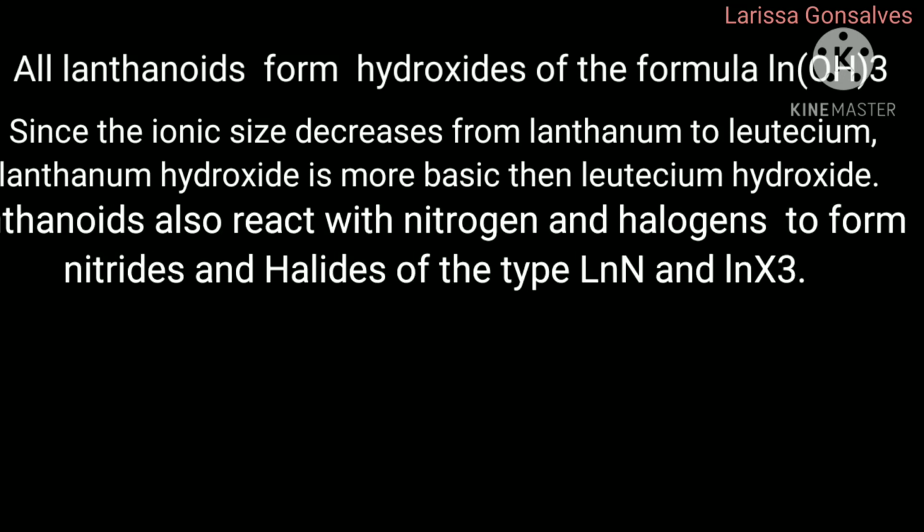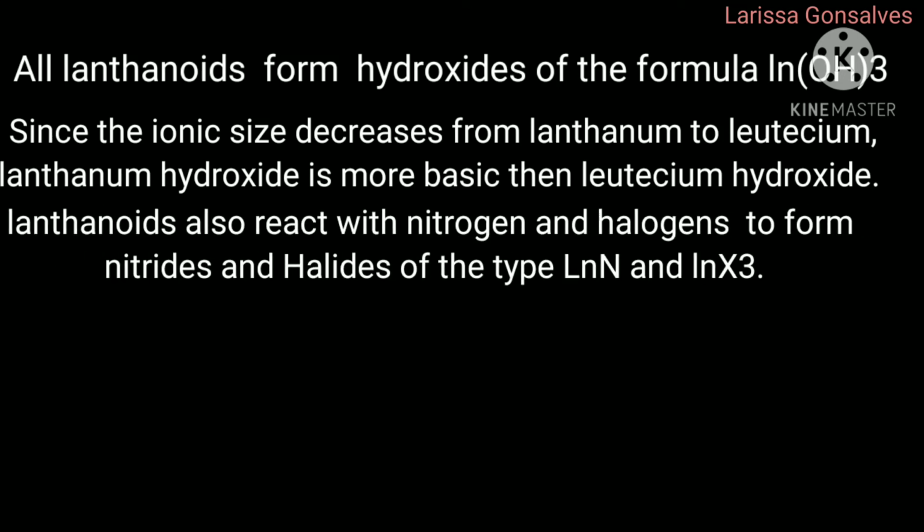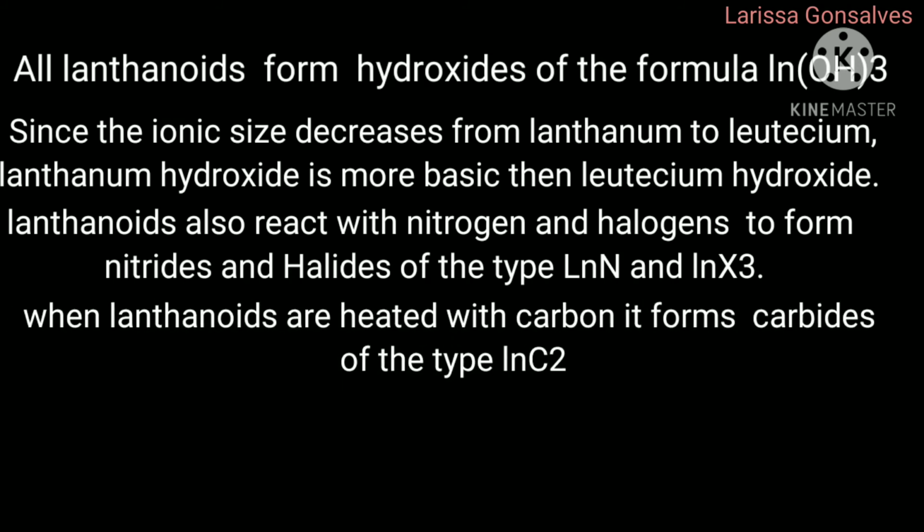Lanthanoids also react with nitrogen and halogens to form nitrides and halides of the formula LnN and LnX3 respectively. The common oxidation state +3 of lanthanoids is obtained by losing 3 electrons from the outermost shell. When lanthanoids are heated with carbon at a high temperature, they form carbides with the formula LnC2.